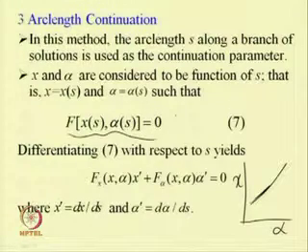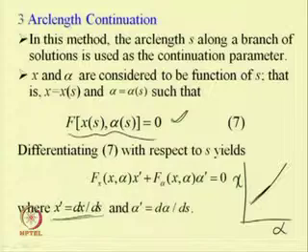So that our field equation can be written in this form: f of x(s), alpha(s) equal to 0. Now differentiating this equation with respect to s, we can write f x x dash plus f alpha alpha dash equal to 0, where x dash is dx by ds and alpha dash equal to d alpha by ds.